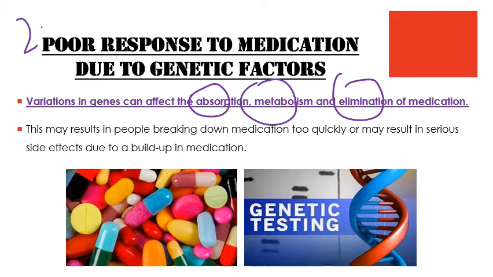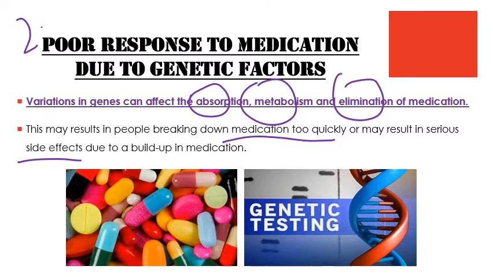There are three things that can actually happen depending on your genetics. The body may metabolize or break down a particular medication too slowly, and so the medication will build up in the body, and that can cause severe side effects. The body may metabolize the medication too quickly, and so it gets rid of it from the body before it can actually work effectively.